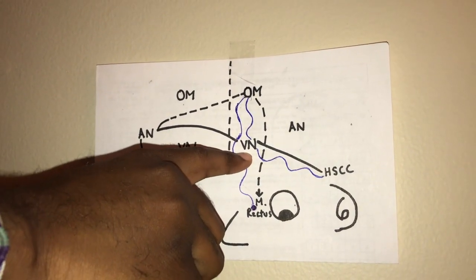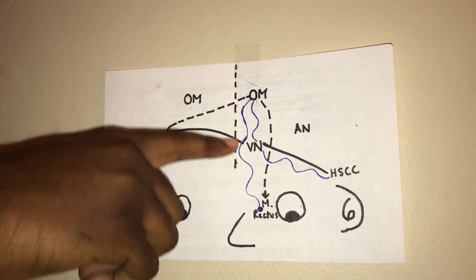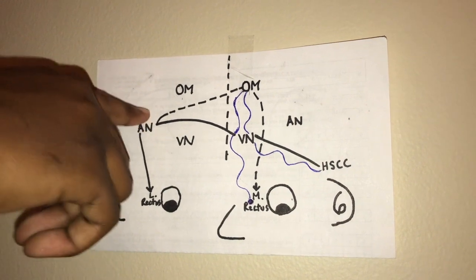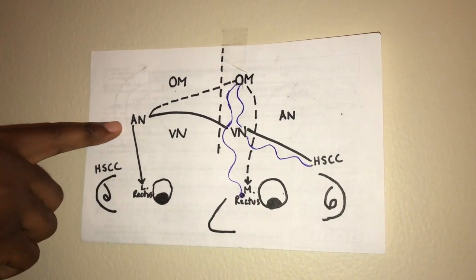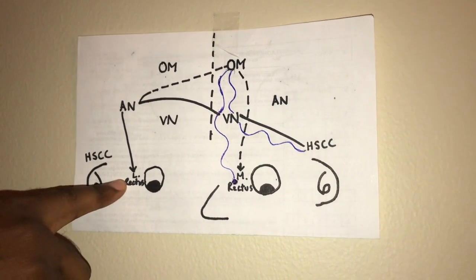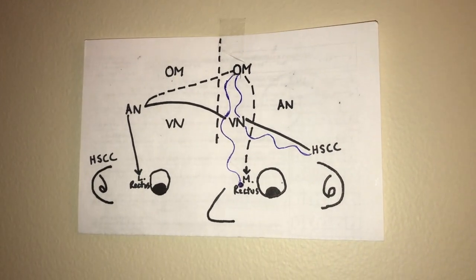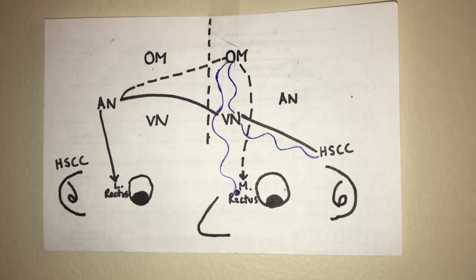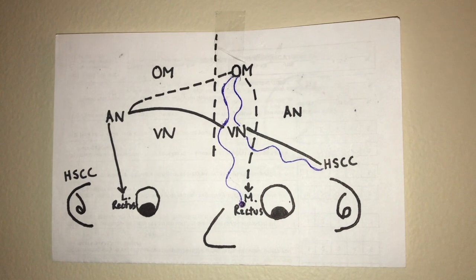This signal then travels across the midline, noted by the dashed line, to the abducens nerve. The abducens nerve then sends that signal to the lateral rectus on the contralateral side and abducts the eye. This results in eye movement opposite of the head movement.